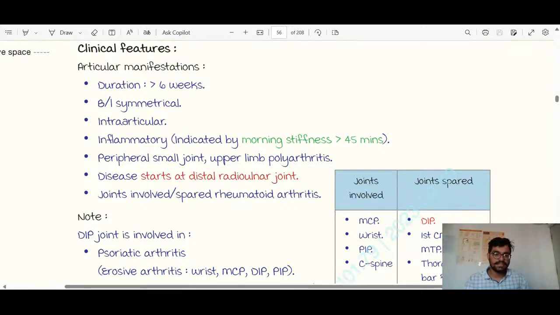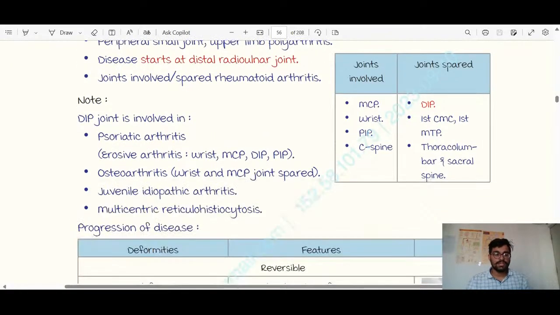The disease starts at the distal radioulnar joint, from the distal part, not the proximal part. The DIP joint is spared in rheumatoid arthritis. Note: the DIP joint is involved in psoriatic arthritis and erosive arthritis.